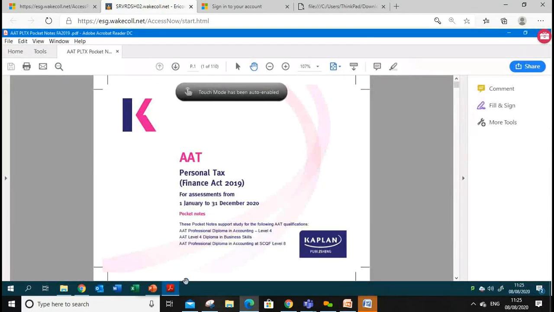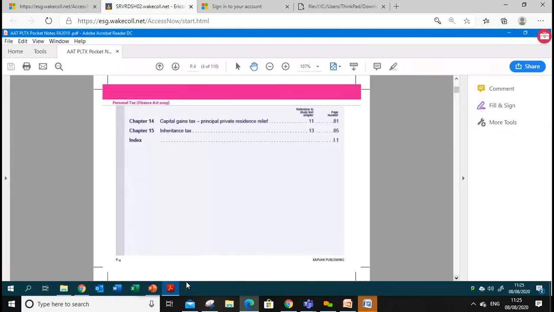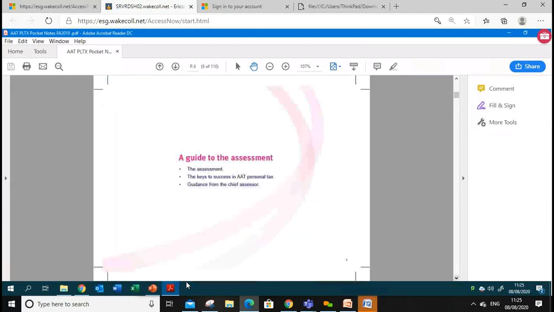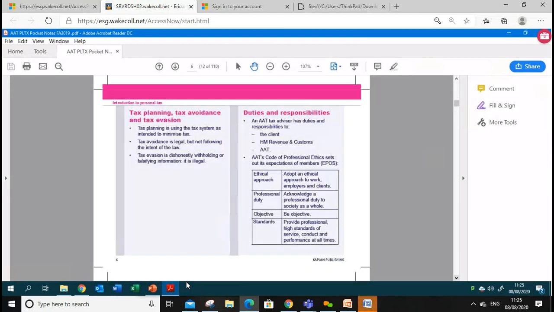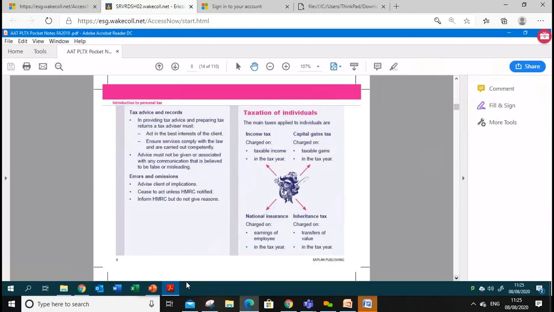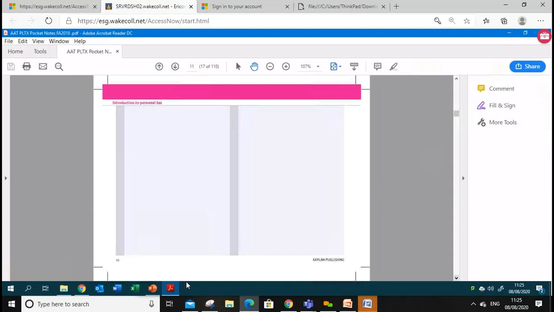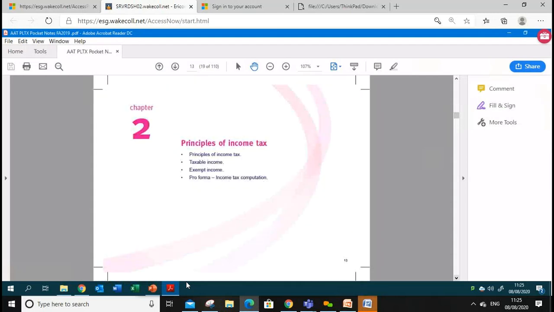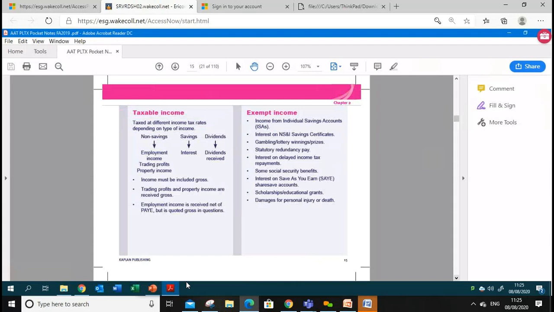I'll upload the book. So this is the revision card for the 2019 Finance Act. Today we're doing the personal tax elements. Please ignore the marking scheme. You don't have an exam.